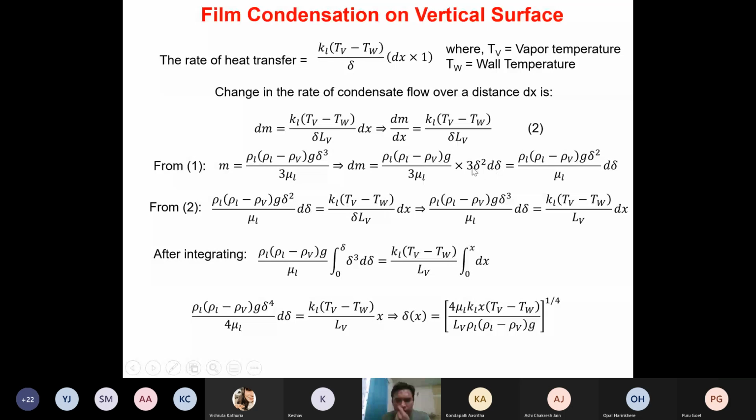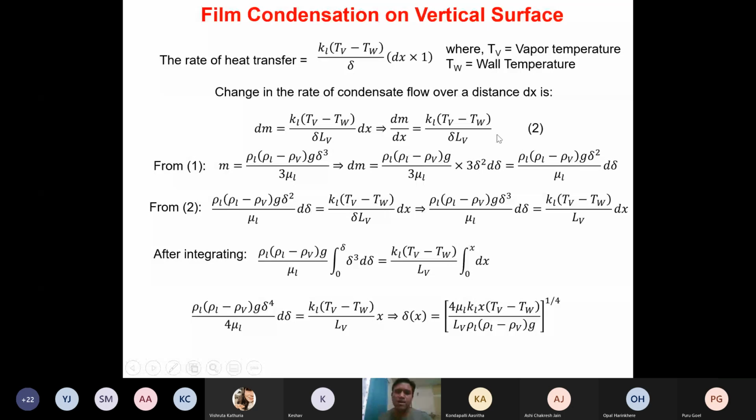So this dm is the same. So we can put it in this equation. So rho L into rho L minus rho V, g delta square over mu L, into d delta is equal to KL Tv minus Tw over delta, L V into dx. So what does this equation give me?